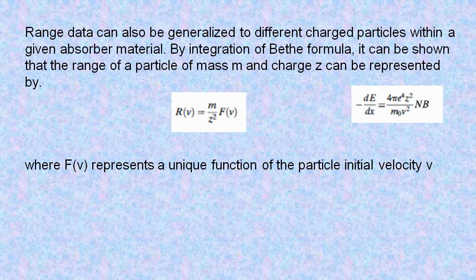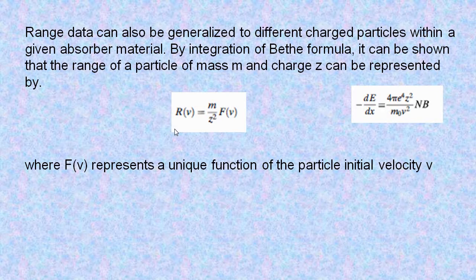Actually, in this topic we are doing that. We have some data, and that data can be used to find out data of some unknown materials. That is why we call it scaling laws.